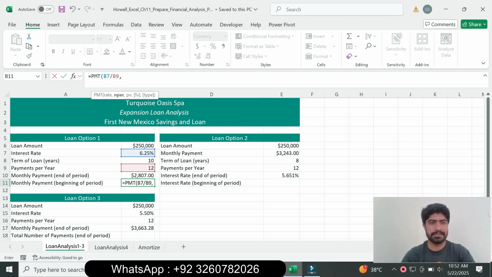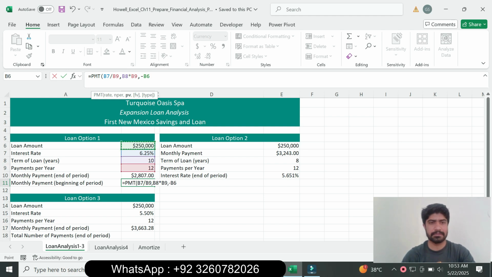Then B8 multiplied by B9, type comma and minus B6.